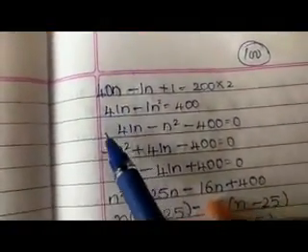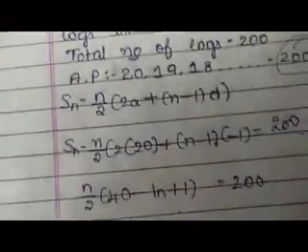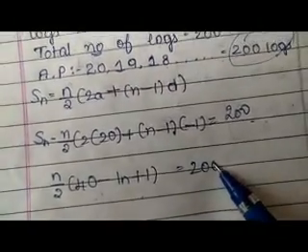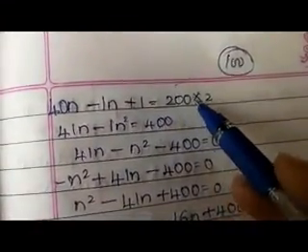Now we go. So here 40 into n, this by 2. This by 2, when we take to the other side, it becomes into 2. So here you will get 200 into 2. That's why it is written as 200 into 2.